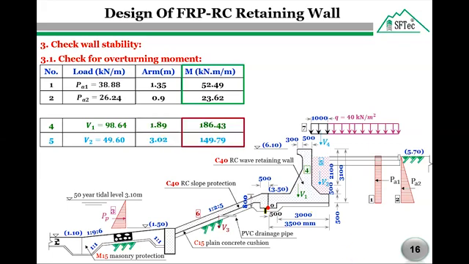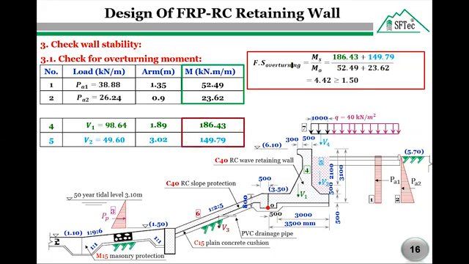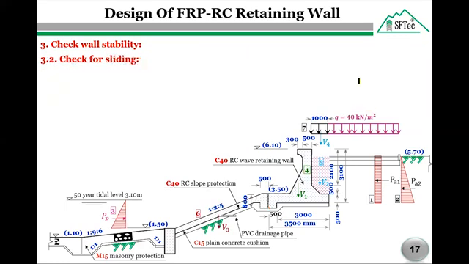And also by taking the moment at point O for loads V1 and V2, we will get the stabilizing moment value. The factor of safety for overturning equals the resisting moment value over the overturning moment value, which is greater than 1.5. So the wall is safe against overturning. The second check we have here is a check for sliding.